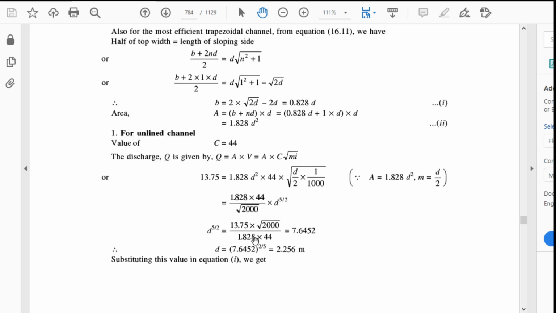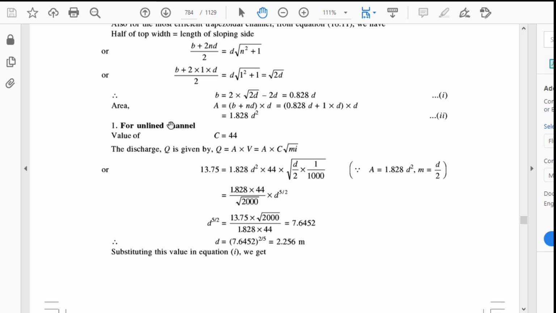that is 13.74. Now for the first condition, the unlined channel, the value of Chezy's constant C is 44. As I have already explained, discharge can be calculated in terms of D. Since the discharge value is given, we can find the D value using the discharge equation. Q equals AC root mi is Chezy's equation for discharge, while Q equals AV is the continuity equation.